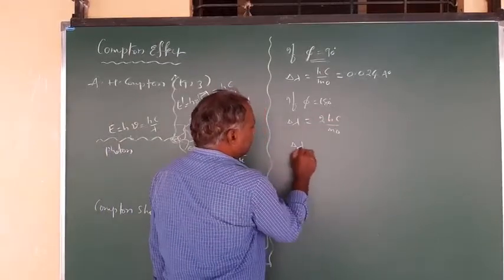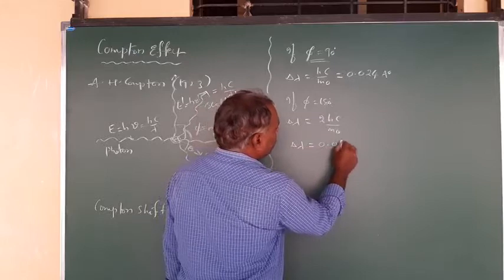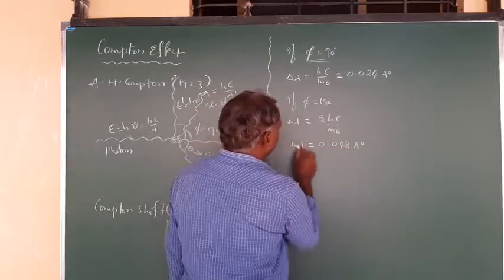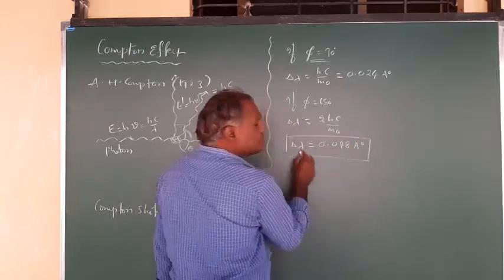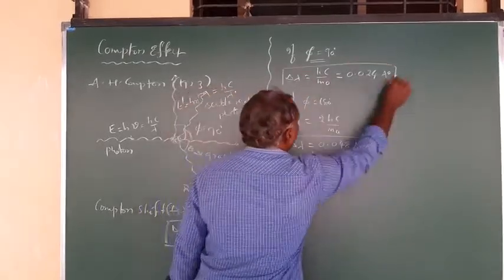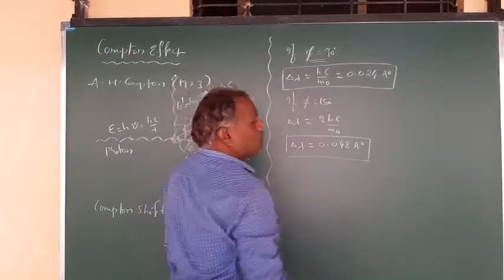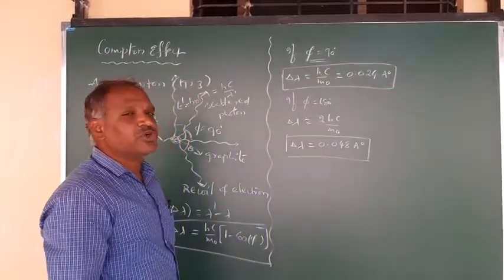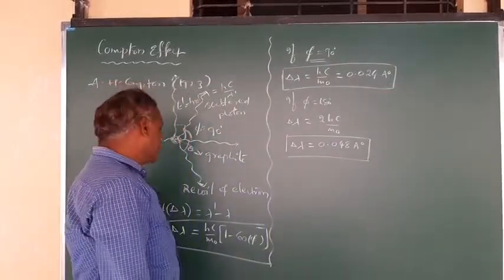That is delta lambda equal to 0.048 angstrom. This is the maximum Compton shift you can get.